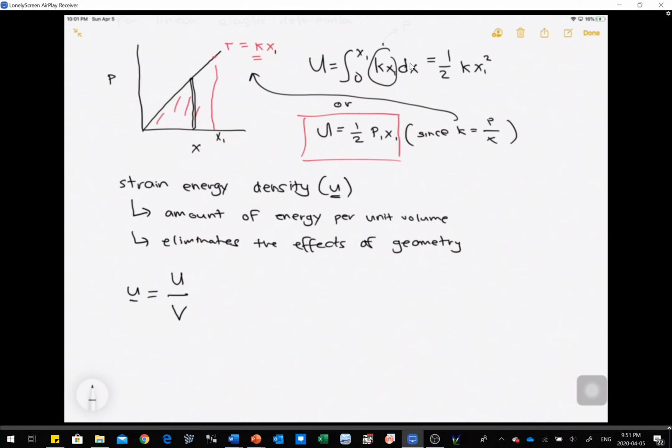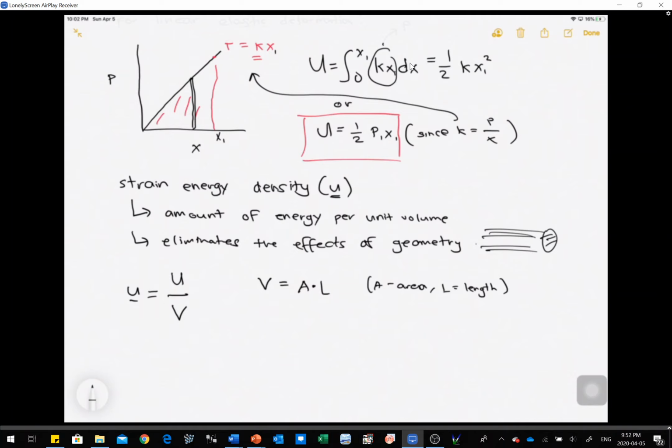Now, your volume can be described by area times your length, where A is area and L is length. Just imagine a cylinder: that's the area times your length, and that would be your volume.